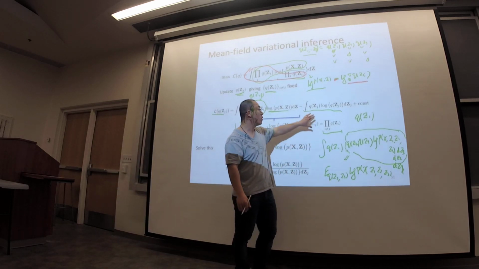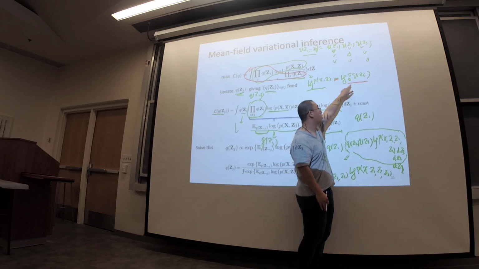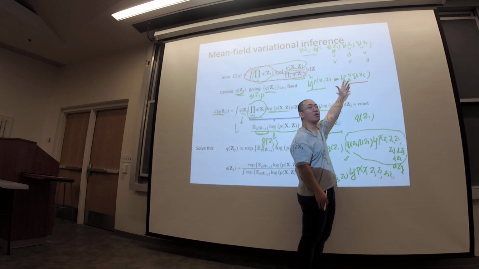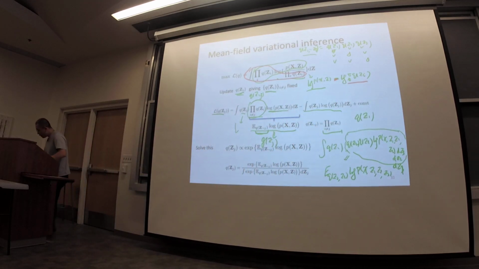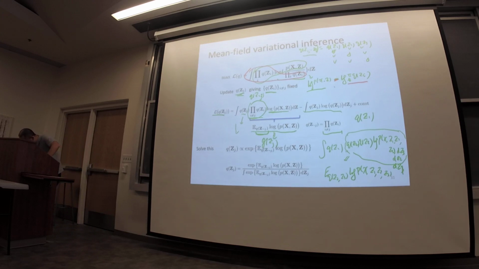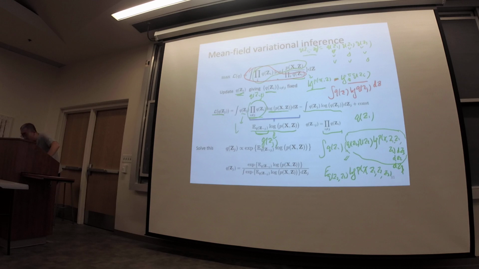We only need to preserve Q(Zj) in this product. The log of a product is the summation of the log of each term, so in the second term we only need to care about Q(Z) times the logarithm of Q(Zj). All the other terms can be thrown out because they are constants.